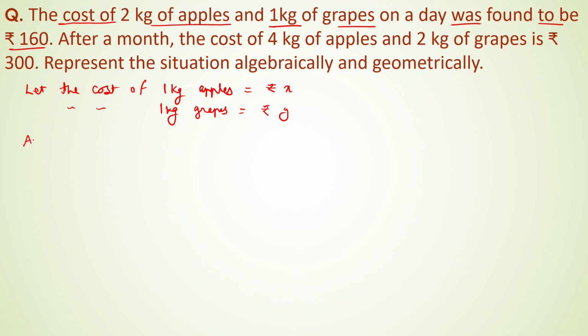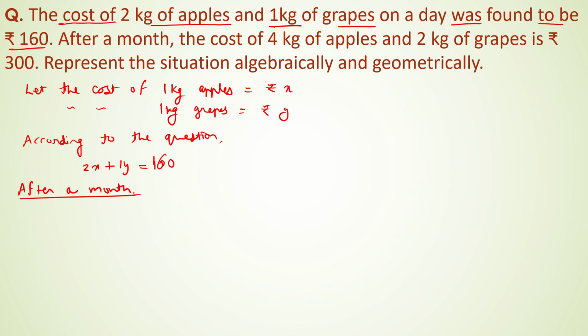So according to the question, we get 2x plus y equals 160, and after a month, again from the question, the cost of 4 kg apples and 2 kilogram grapes is rupees 300.